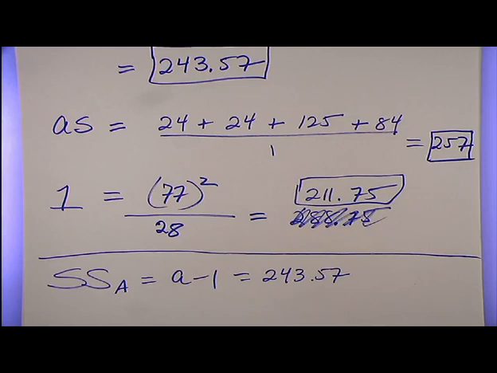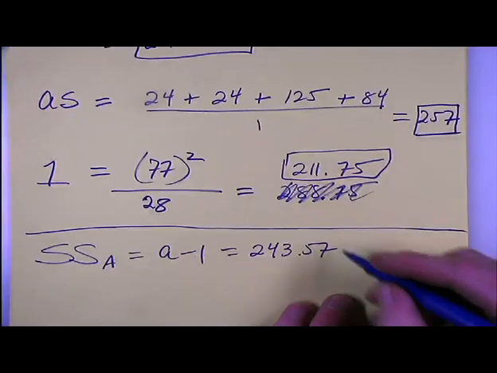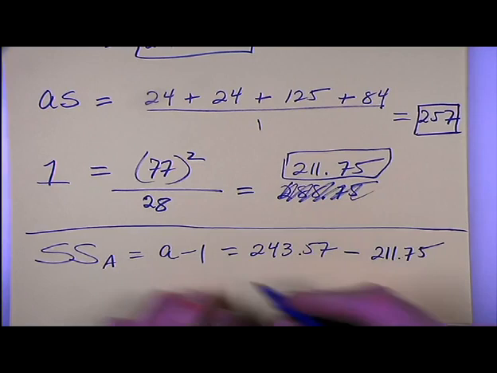I knew I made a math error. So you can't have a negative number. Then I would go back and double check. Where did I make a mistake? So let's go 77 squared divided by 28 equals, yep, 211.75. Okay. Now I'm good to go. So 243.57 minus 211.75 equals.